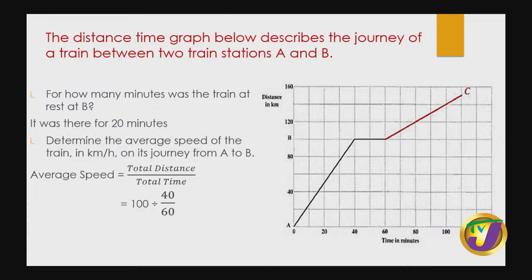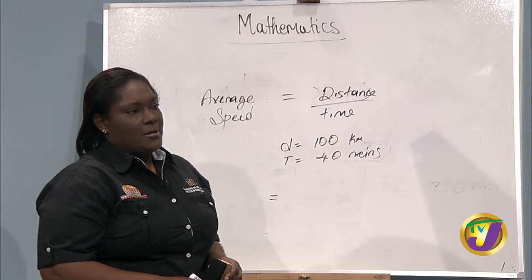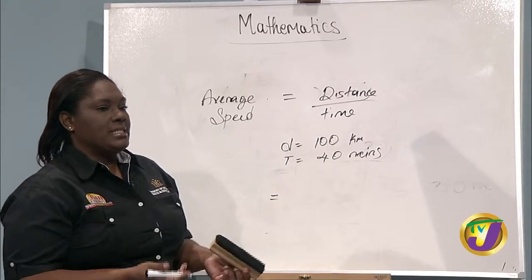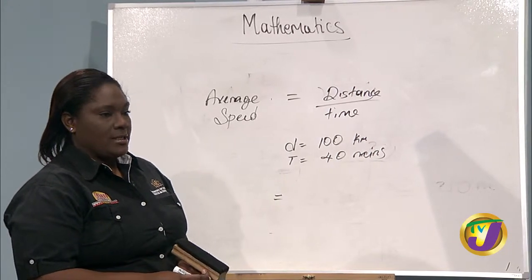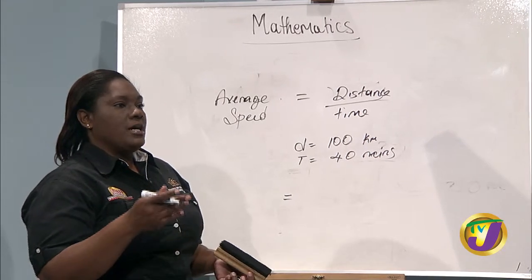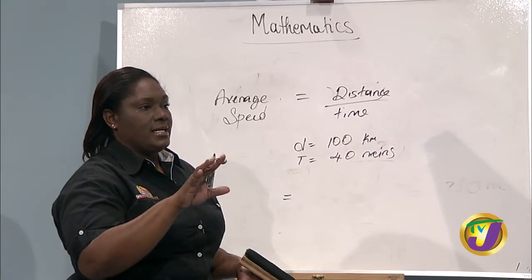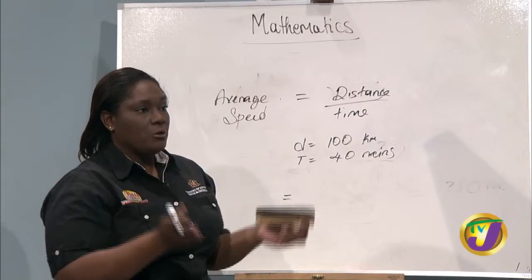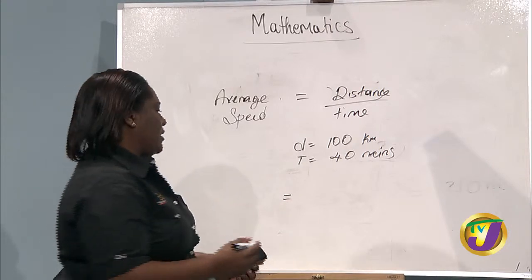Now the time is in minutes and not in hours. How do I go about dealing with that? I see on the board you represented 40 minutes as a fraction of the whole 60 minutes. That works.